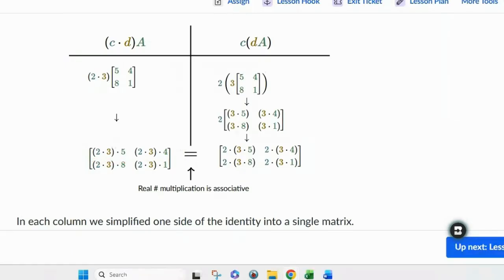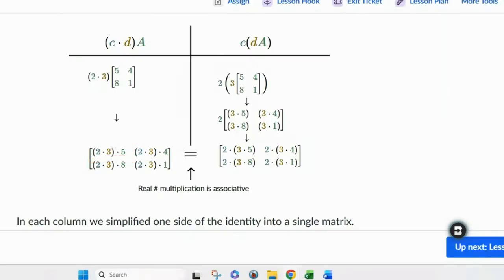Or we could multiply the 3 times the matrix together first and then multiply it by the 2. Either way, we end up with 2 times 3 times 5 in the final matrix.